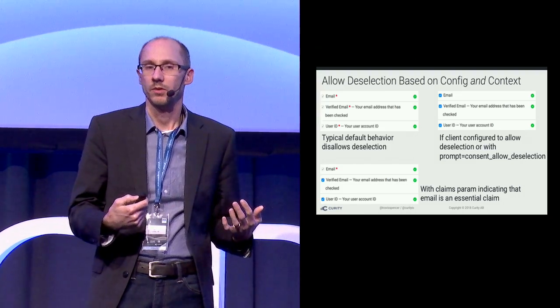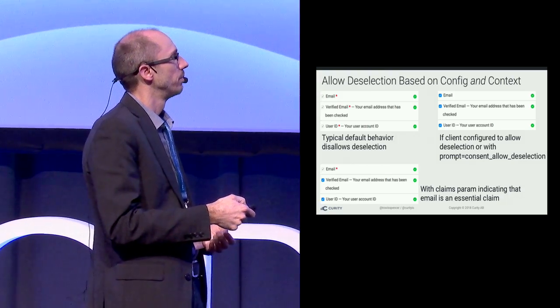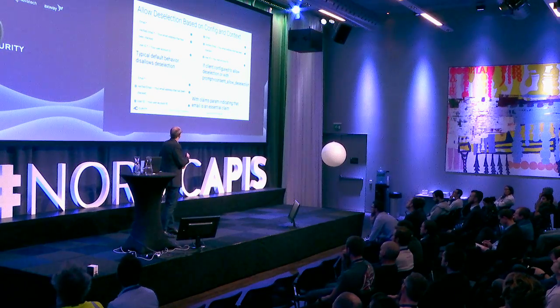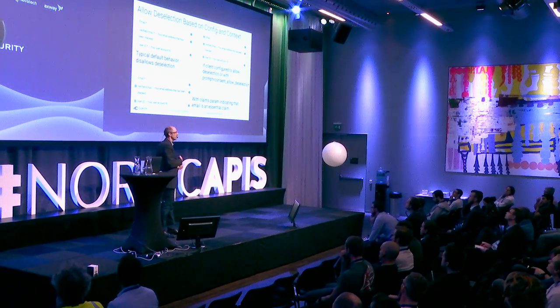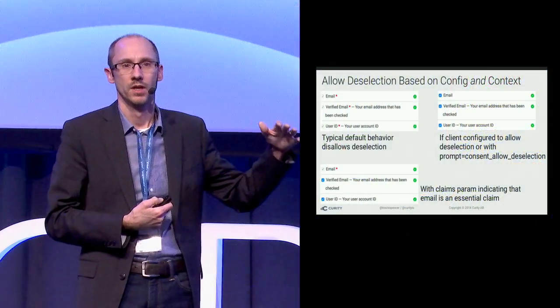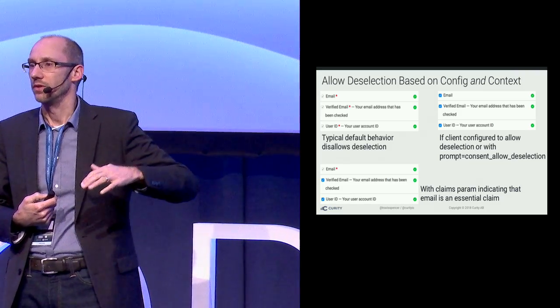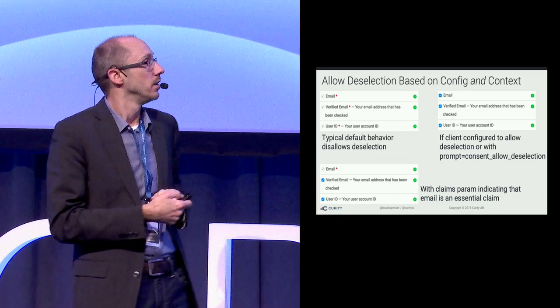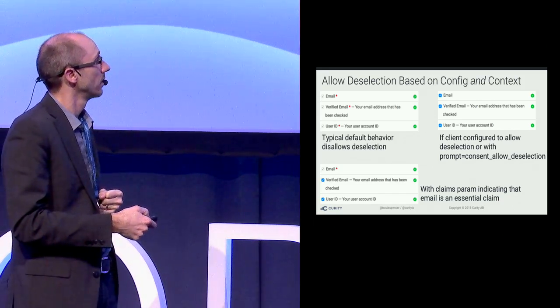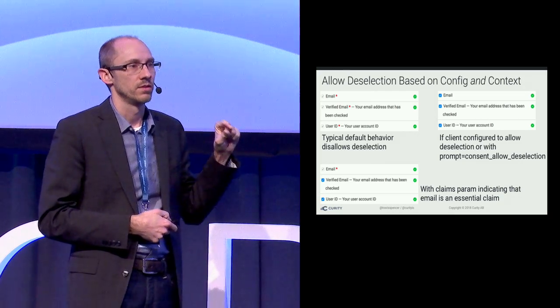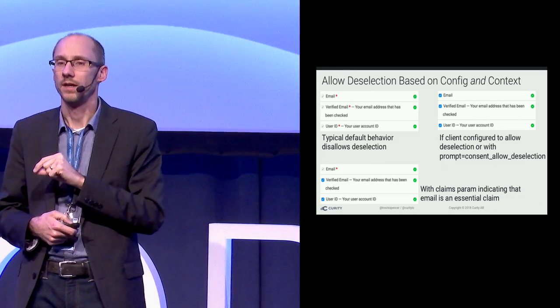So you might be able to provide a query string argument of prompt equals consent allow deselection, and then the user will be able to deselect that. So the application could know, like, for these ones, I won't break, so the user can opt in or opt out of those things.